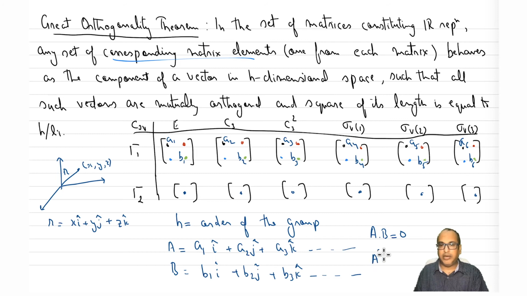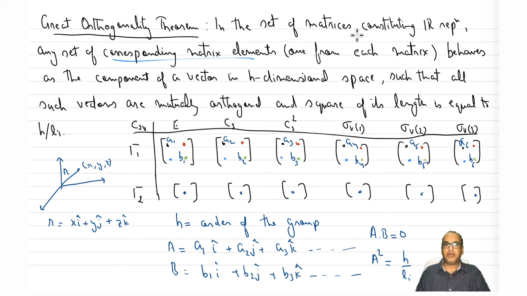So if I write mod of a squared, it will be h by li. What is li here? li is the dimension of the given irreducible representation we are talking about. Okay, and then h is the order of the group. So in this case, let's say if we are talking about tau 1, for tau 1 h will be 6. H will be 6 for any tau here, but li will be equal to 2 for this tau 1, right? Okay, so that makes sense.